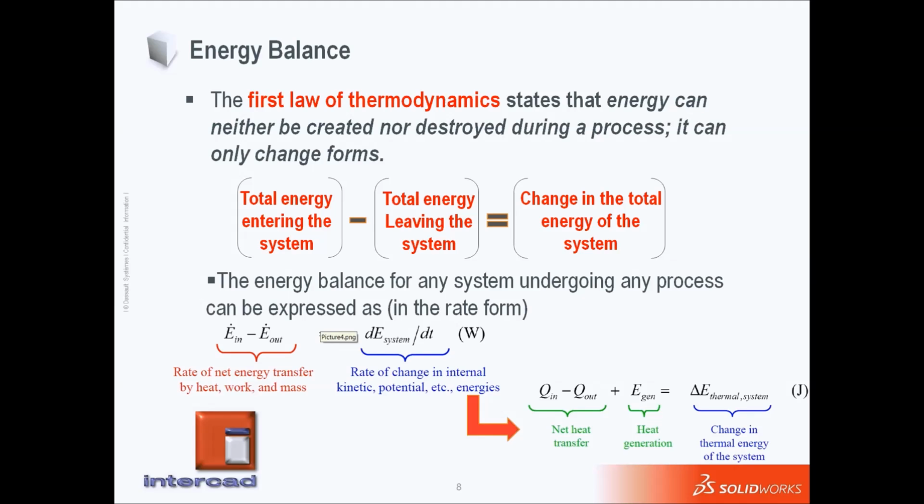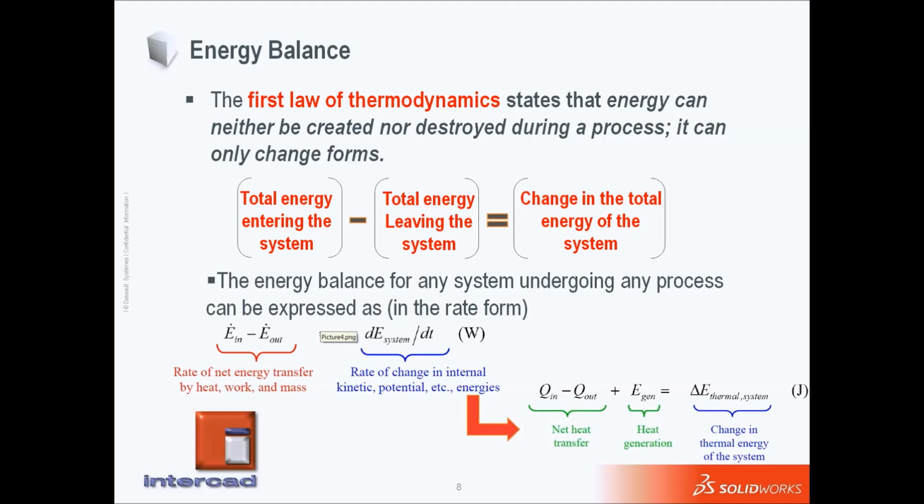of a system. Simply, you put in an input and you will have the effect, cause and effect. Heat transfer, then internal energy change. You put in work, it will displace, for example, it's getting elevated.